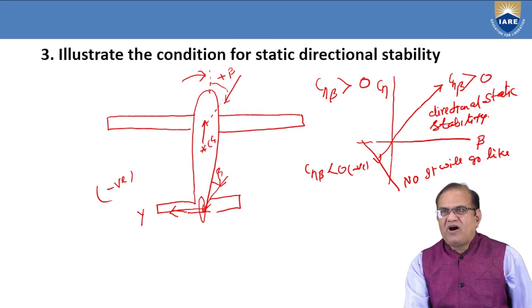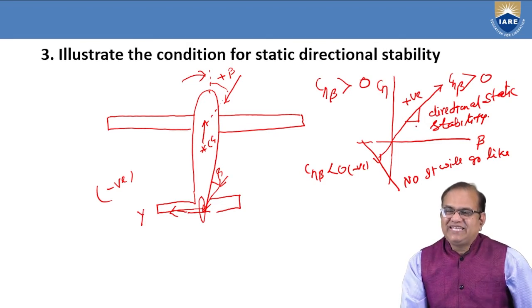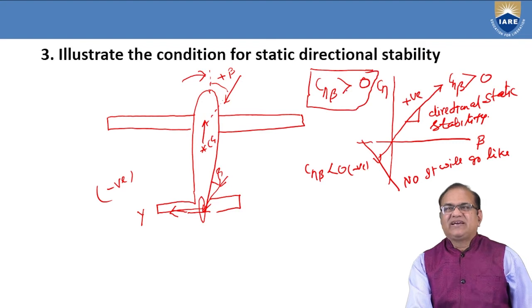Means the slope of this curve should be positive. The slope should be positive. If the slope is positive, we can say that aircraft is directionally static stable. So this you should remember that only this one condition stands for the directional static stability, that is the Cn beta should be greater than 0.